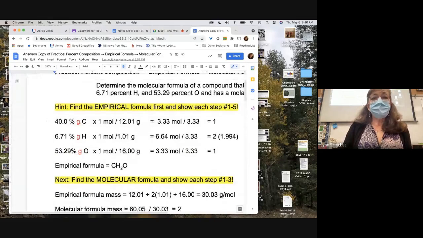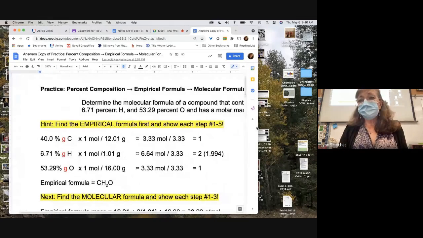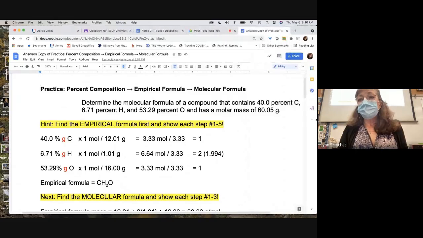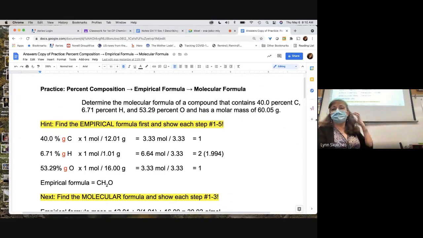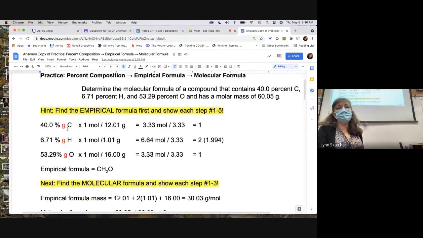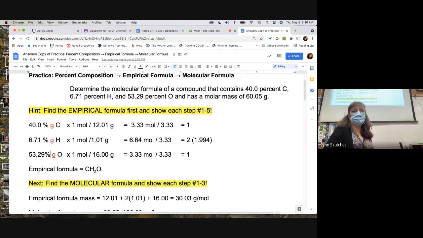So the question gave you percents for each of the elements, carbon, hydrogen, and oxygen, and gave you the molar mass of the compound. And again, we really already did this problem, but that's okay. 40% carbon, so you just make it 40 grams, 6.71% hydrogen, make it 6.71 grams, 53.29 grams of oxygen. Carbon's molar mass from the periodic table is 12.01, hydrogen 1.01, oxygen 16.